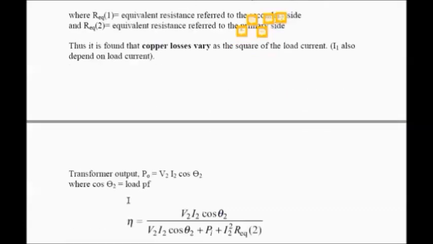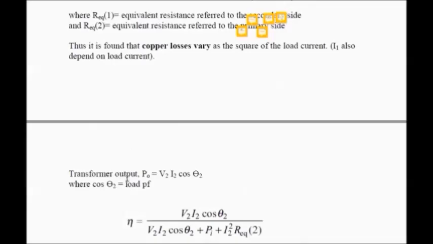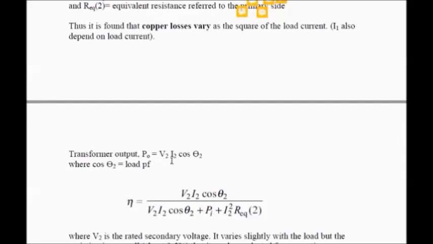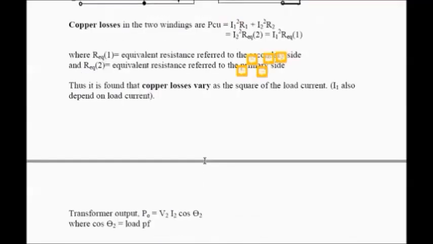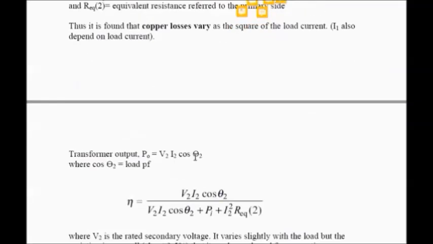Now to get the overall efficiency of transformer, we need to know transformer output, and transformer output P naught can be written like V2 I2 cos theta 2. See, V2 I2 cos theta 2, because output power will be in watt.